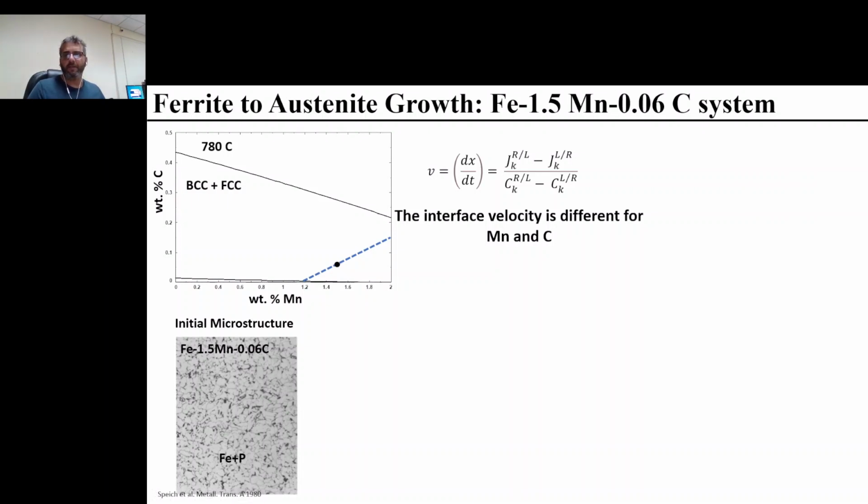Had it been a binary system, we could read the interface compositions during the growth process from the binary phase diagram. But since this is a ternary system, we have an additional degree of freedom.